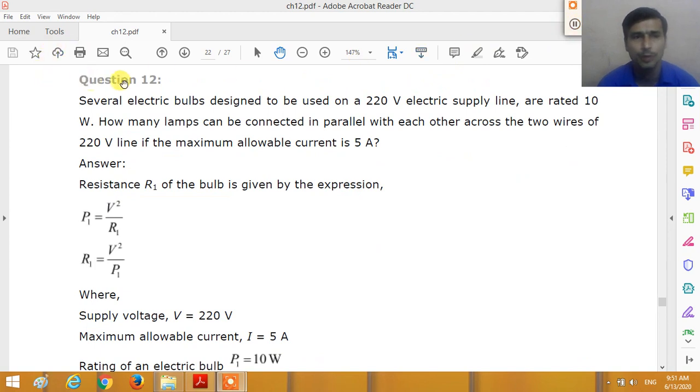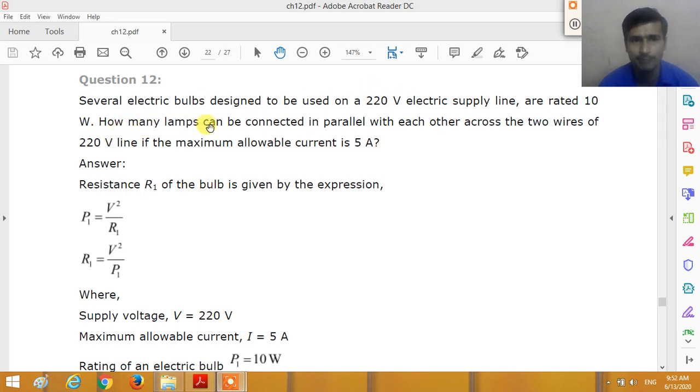Now question number 12. Several electric bulbs designed to be used on a 220 volt electric supply line are rated at 10 watt. The power of the bulb is given as 10 watt and it is designed to operate on a 220 volt supply voltage.